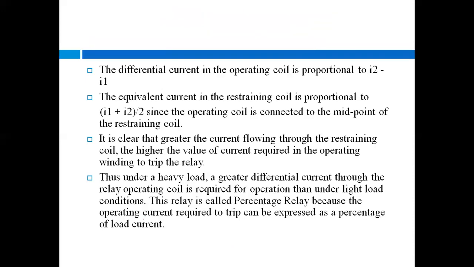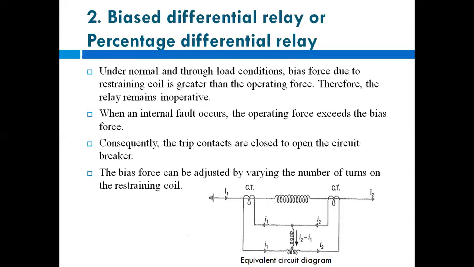Now the differential current in the operating coil is proportional to I2 minus I1. So you can see the diagram here again. Two currents are there, I1 and I2. At this upper node, I1 is outgoing and I2 is incoming.